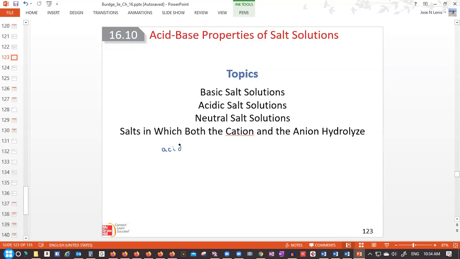So when an acid reacts with a base to form a salt plus water, this is called a neutralization reaction. Salt is being produced here.